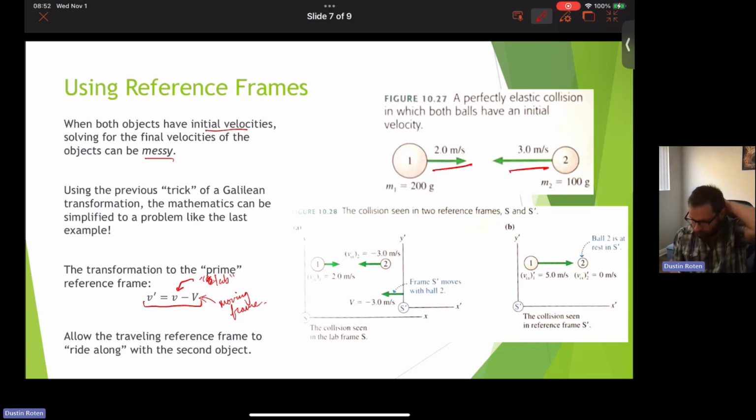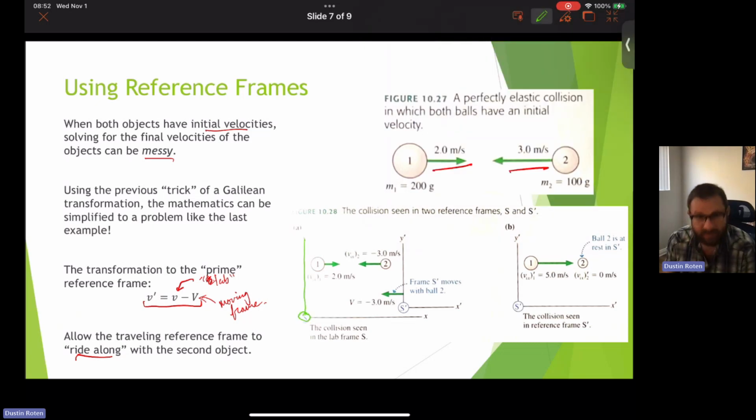The idea here is we're going to allow the reference frame to ride along with the second object. All that means is we're going to duct tape this moving frame to the second ball and let it travel that way. So in our initial setup, I'm going to switch colors.